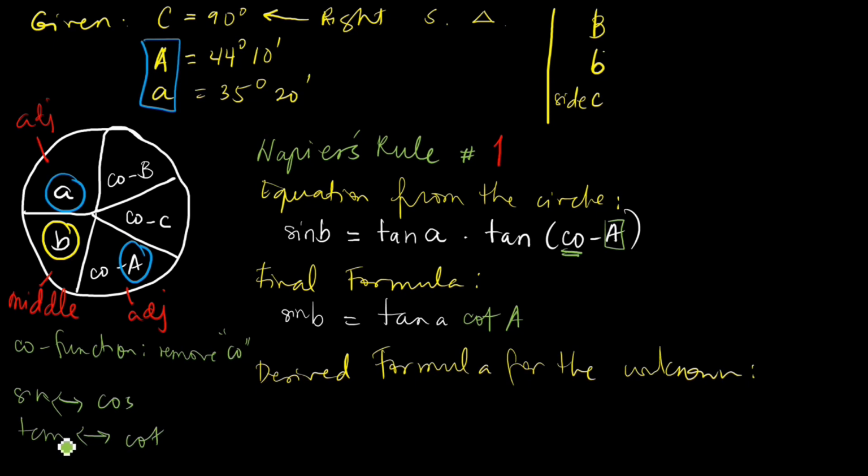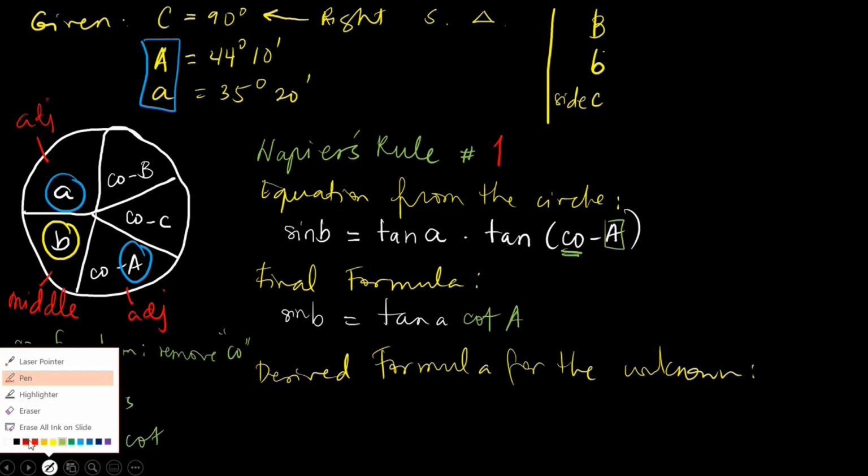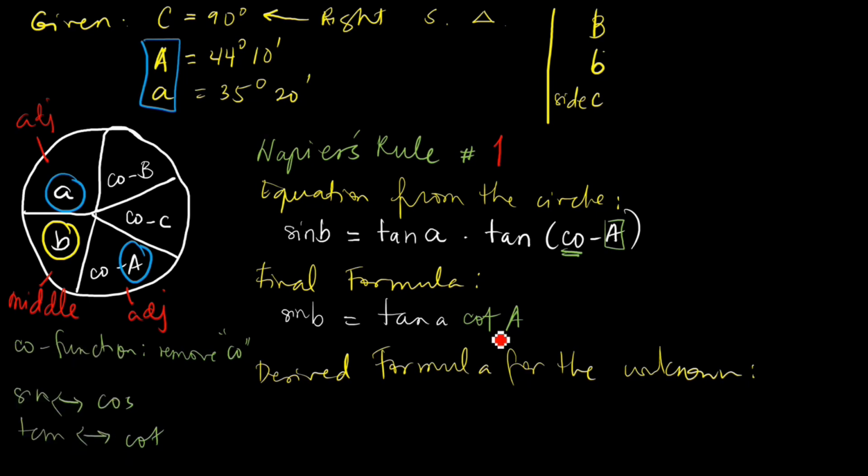For the derived formula, as you can see, we have here cotangent, so we need to use an identity. Let us rewrite the left side.